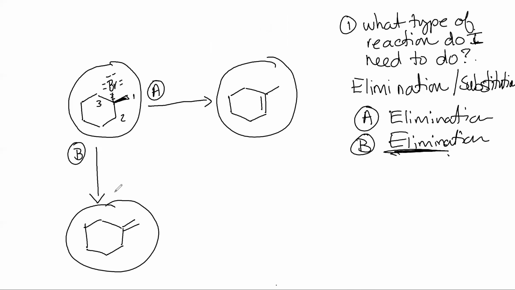In this case, there are two constitutional isomers that have formed. This is a tertiary alkyl halide. The difference between elimination and substitution reactions is that E2 eliminations can take place on primary, secondary, and tertiary alkyl halides. They work equally well for all of them.